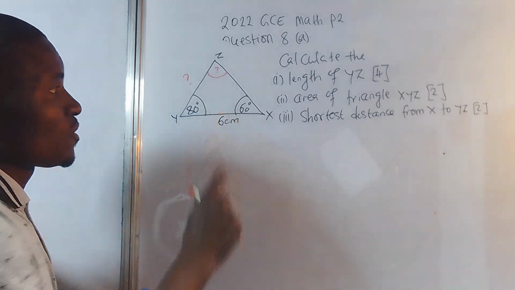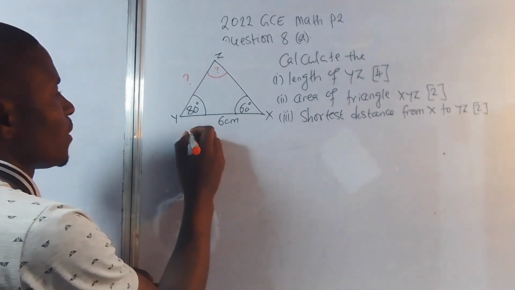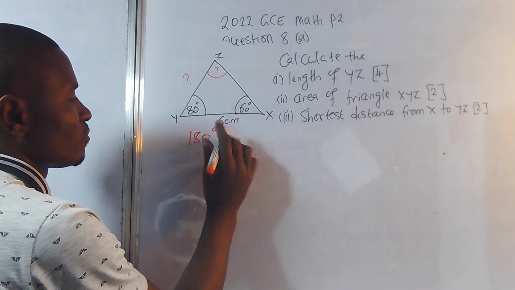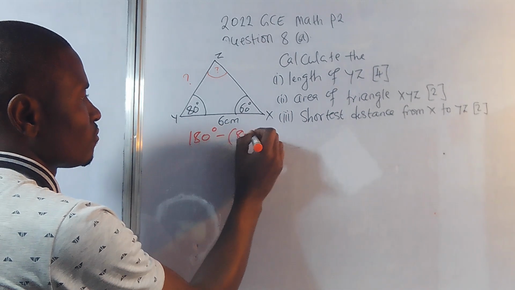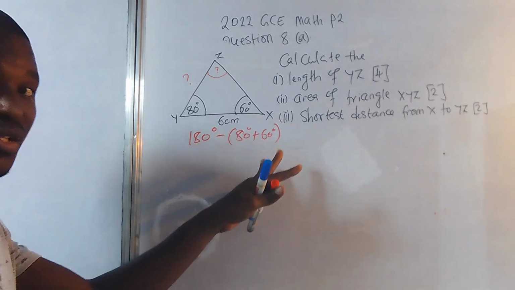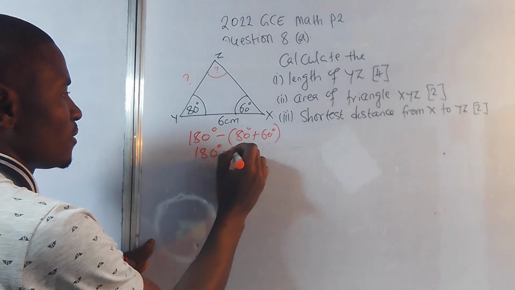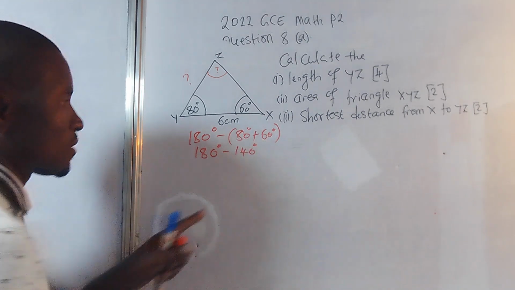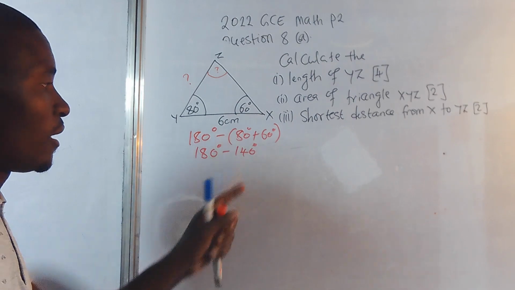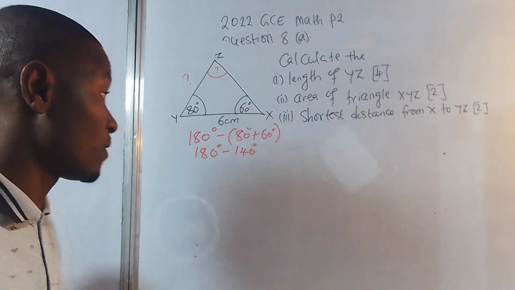So we can add these two and subtract from 180. Now once you do that, we are saying 180 minus 140. So 80 plus this, you get 140. And then from 180, we remove 140.